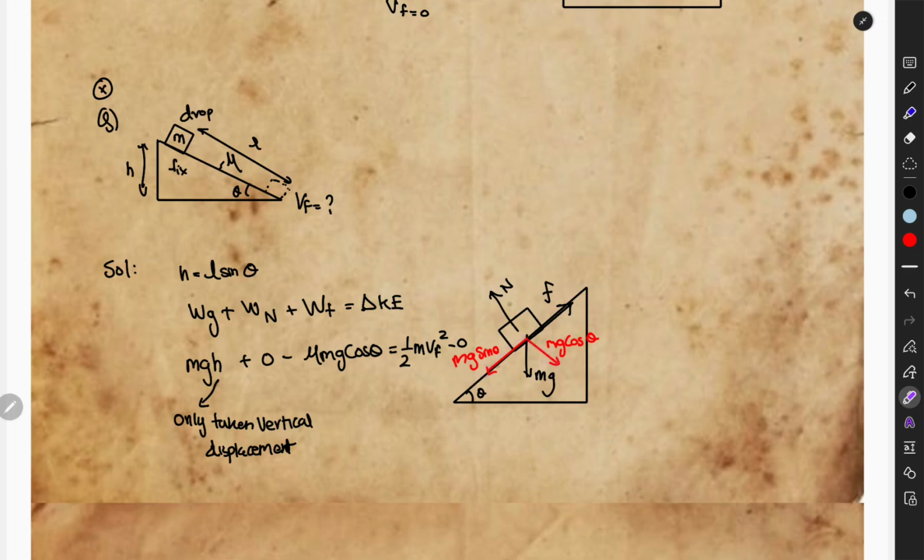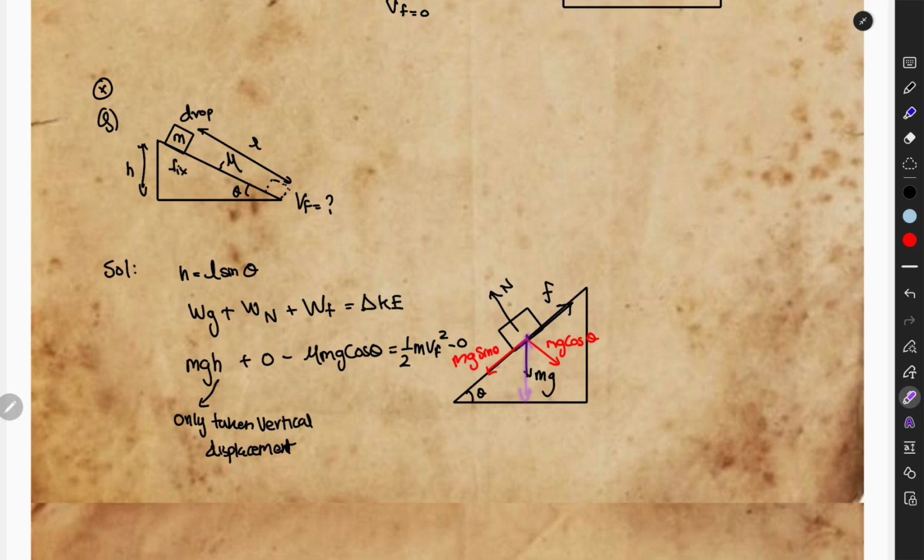So work done by gravity plus work done by normal plus work done by the friction will be equal to change in kinetic energy. And remember that work done by gravity will take the distance only by how much height it is.